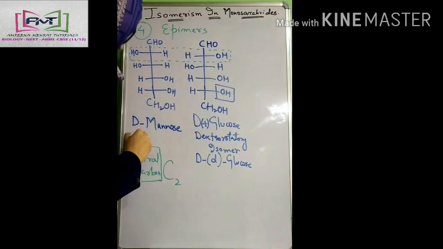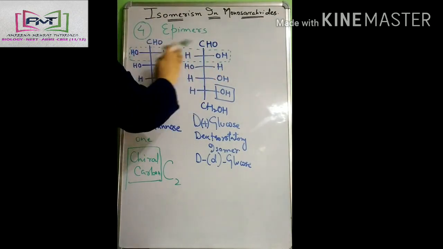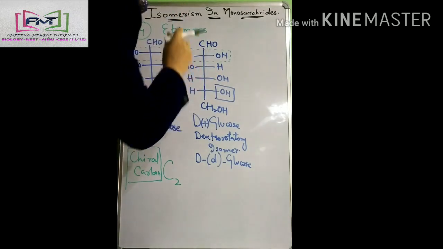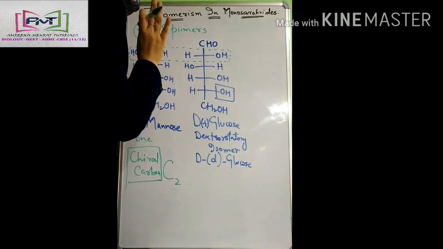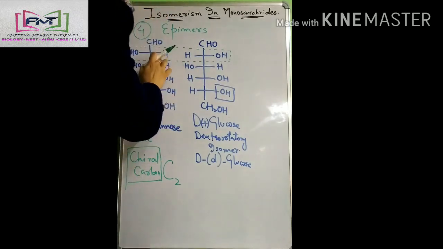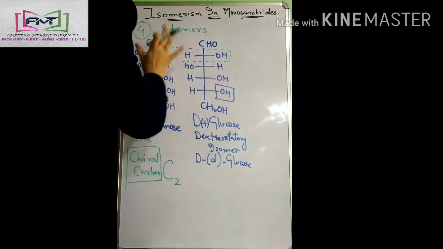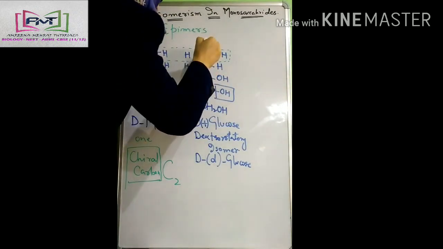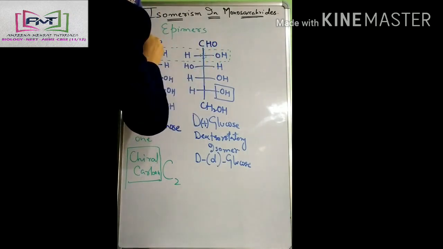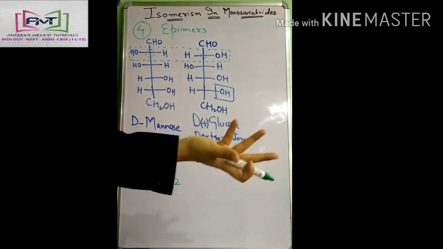Carbon is actually the same, but the difference lies in the arrangement of groups around this chiral carbon. If that is the case, 2 isomers are absolutely the same, but they differ in arrangement of groups around just 1 chiral center. Then you call these 2 isomers epimers.